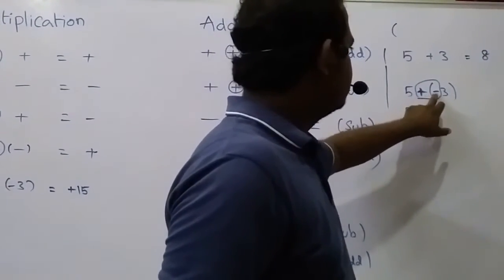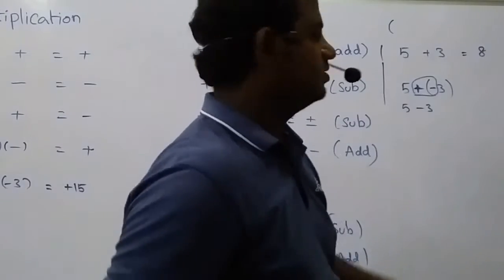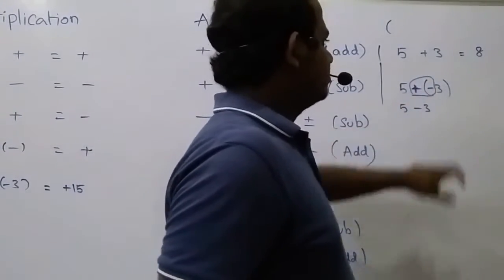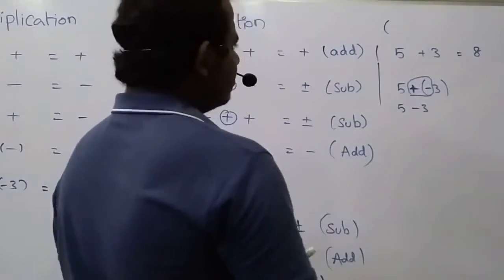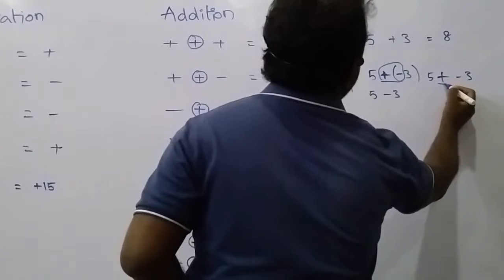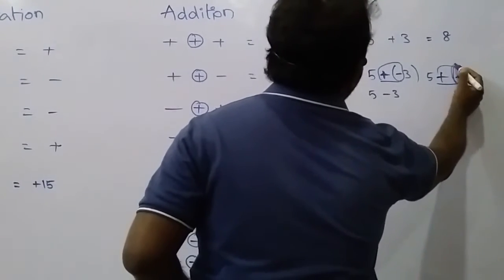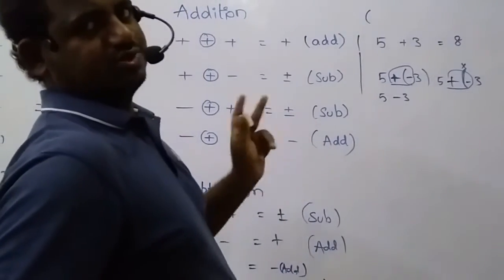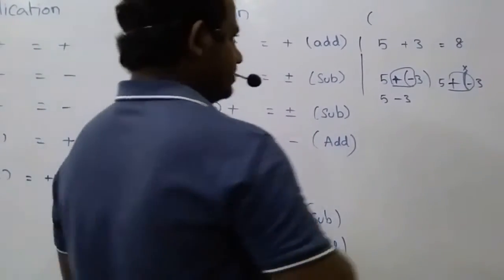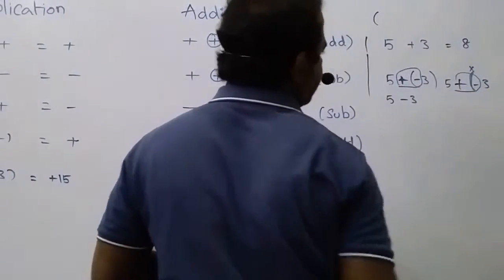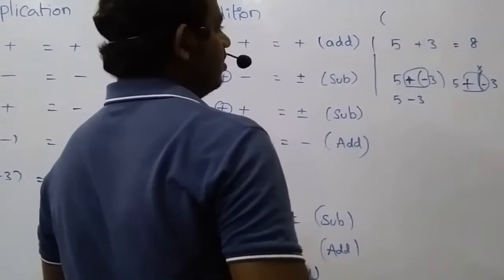Here we have two signs but no number in between. Whether the bracket is there or not, we have to consider that there is multiplication between those two signs. If two signs are there without a number in between, we multiply these two signs, then take the final sign.